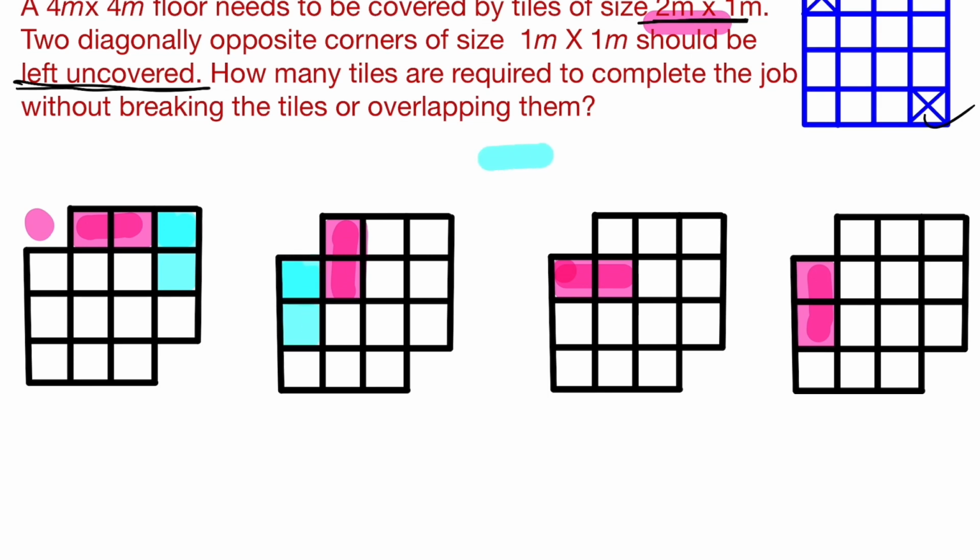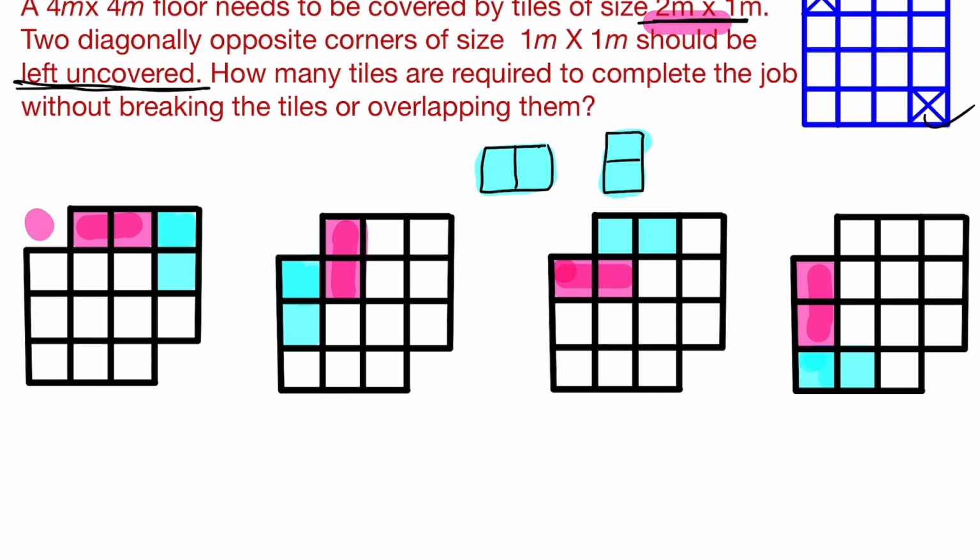This is done. Now here we have this 1 by 1 block, so put this tile horizontal. Again we have this 1 by 1 block here, so put it horizontal.